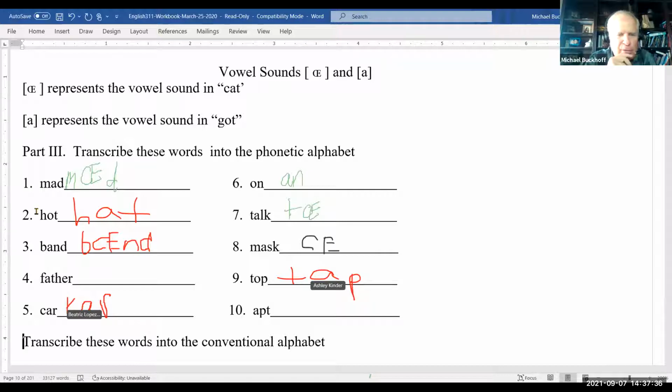There we go, Beatrice. You got it. You're in the zone now. But Sarah, check. It's not tack. It's talk. Mask, top. And then you have apt.